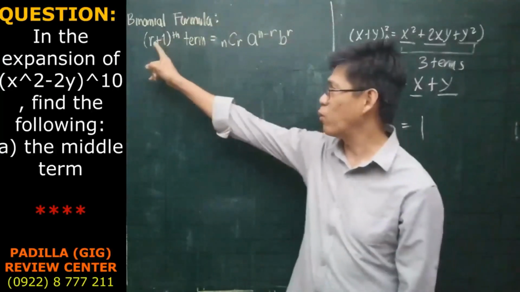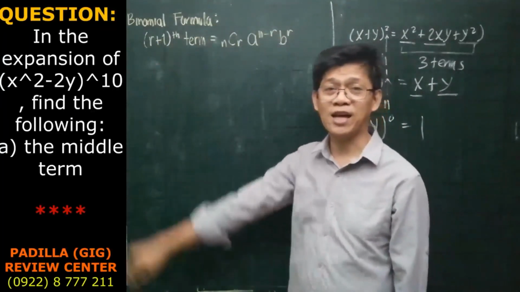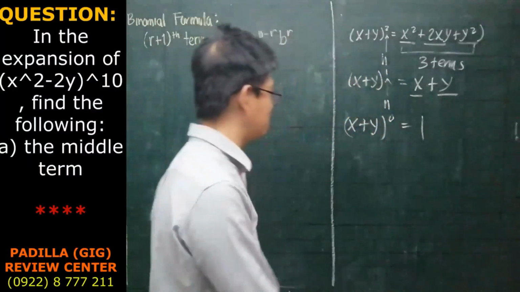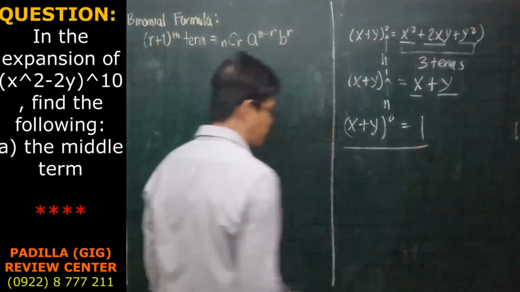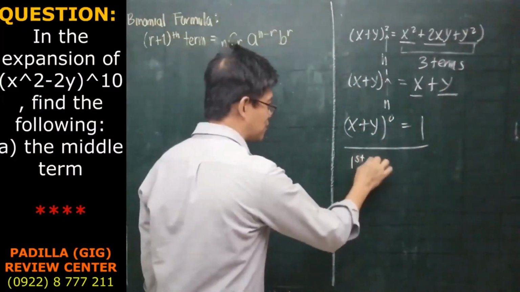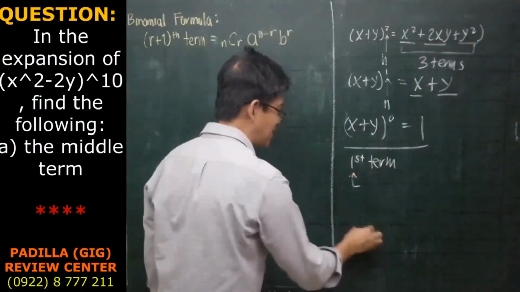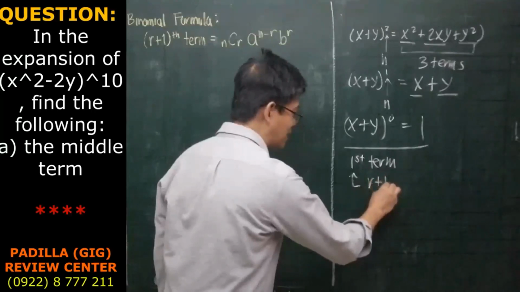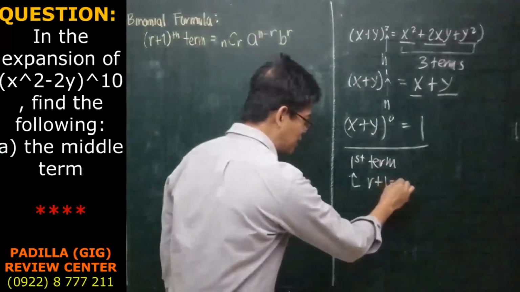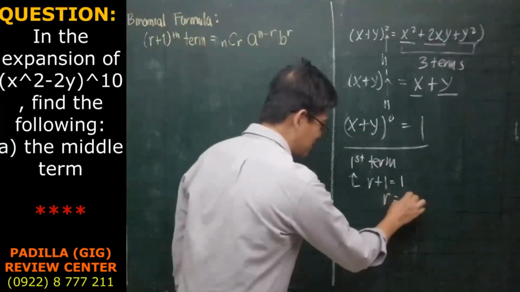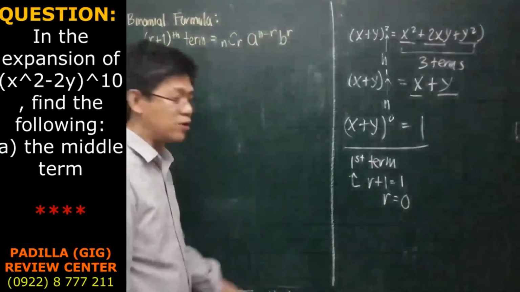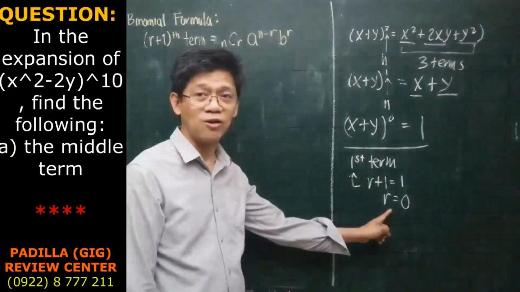Now, the r plus 1 term, what is r plus 1 term? Ganito yan. If you're asked to find the first term, this is r plus 1. So, r plus 1 is 1, so r is 0. So, for the first term, r is 0.